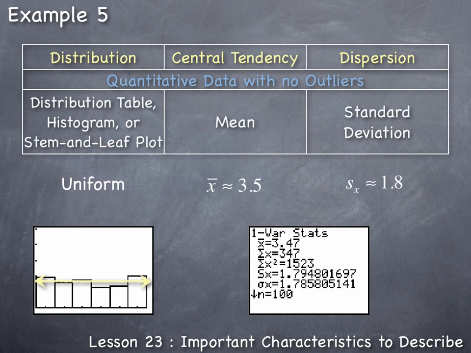But if you really do this on your own, you should check and see that although your random sample results and my random sample results would be completely different, in the end, these overall statistics would be very close to each other. So your mean would be very close to 3.5, and the standard deviation would be reasonably close to 1.8. And the distribution that you would see in your histogram would be uniform, although you probably would get more 6s and 1s and 3s and fewer 2s and 4s and 5s.